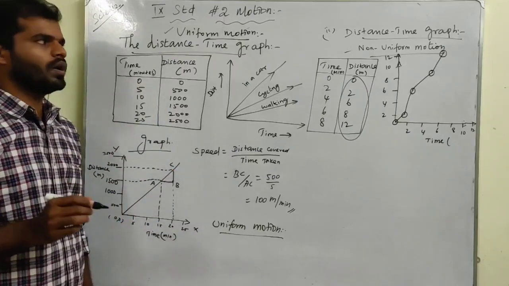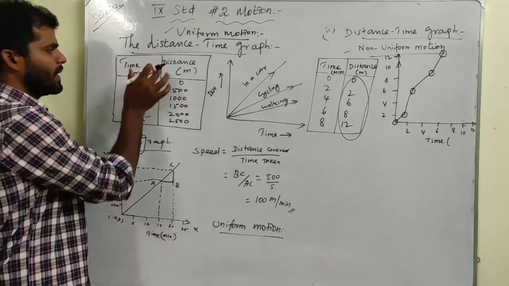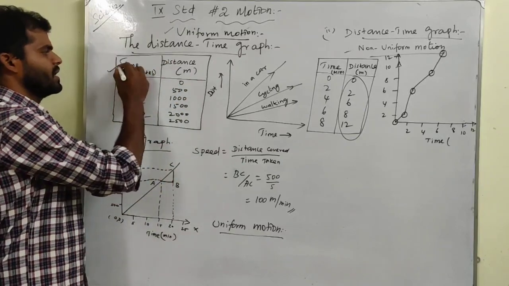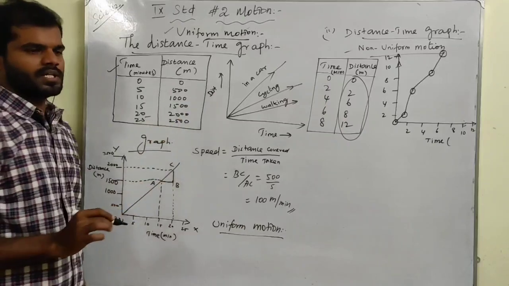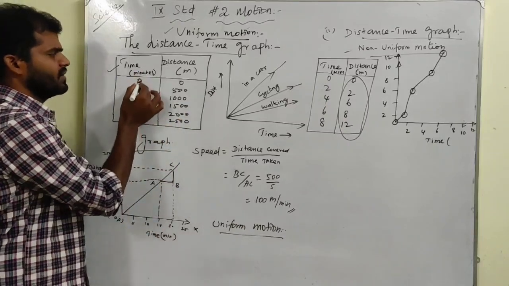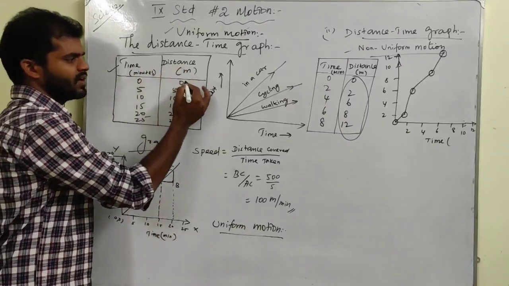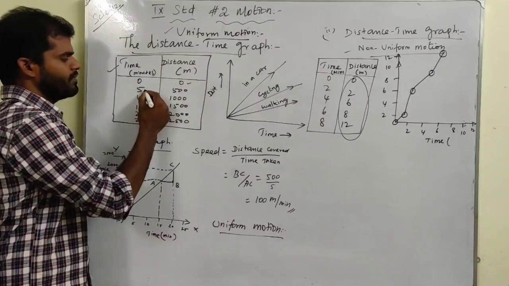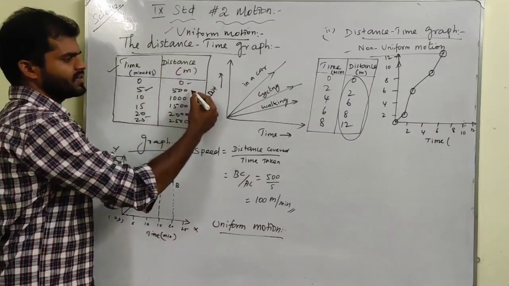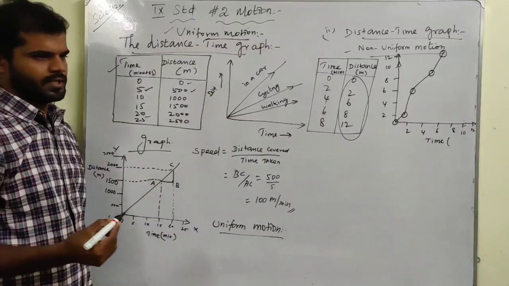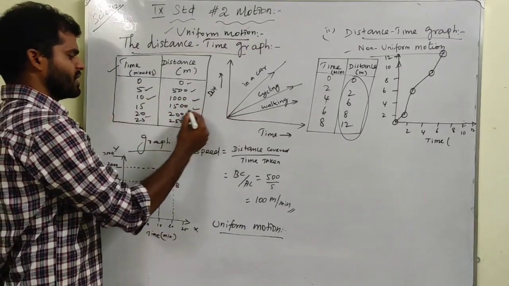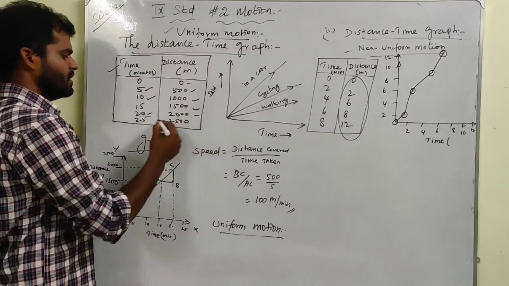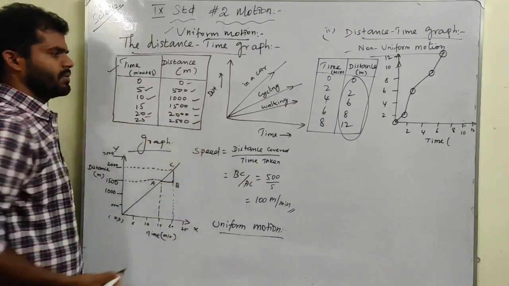Now we are going to draw a graph for particular points. For example, time is taken in minutes and distance in meters. It started with time 0 and distance covered 0, and at 5 minutes the distance covered is 500 meters. At 10 minutes, 1000 meters, 15 minutes 1500, 20 minutes 2000, 25 minutes 2500 meters.